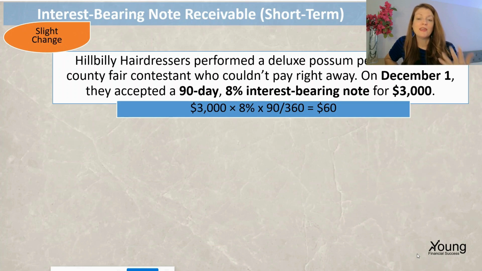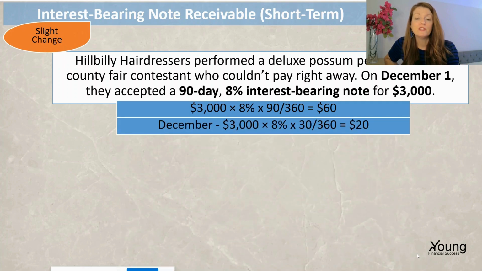And assuming the end of the year for them is December 31st, the end of the fiscal year, the financial year, we are not going to just record the $60 and the $3,000 when February comes around, but we are going to have to go ahead and record an accrual at December 31st showing that we have accrued some interest.